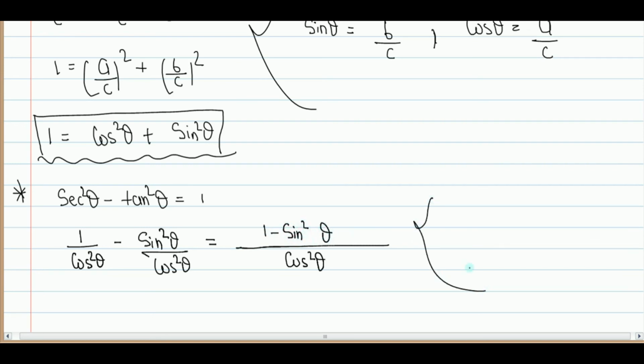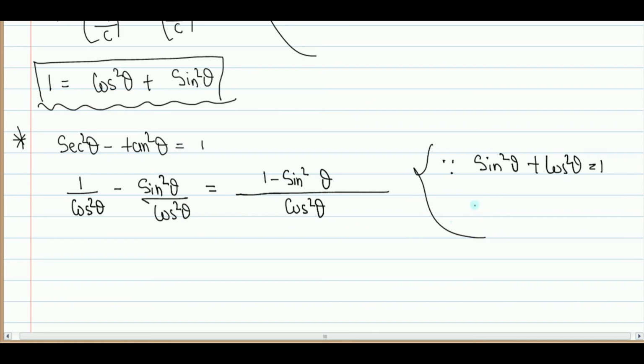Okay, just now you have studied that sin square theta plus cos square theta is equal to 1. And you can write cos square theta as 1 minus sin square theta. So you can write the numerator of the left hand side as cos square theta.